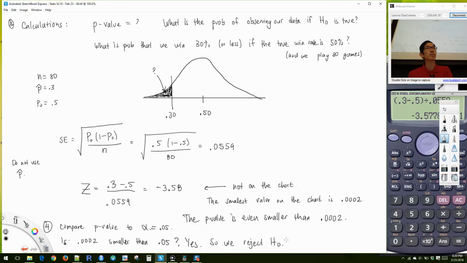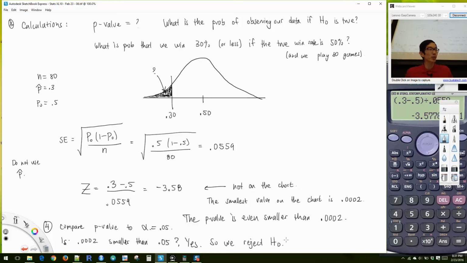You said alpha is always going to be 0.05? If the problem doesn't say what alpha or what significance level to use, then assume it's 0.05. Okay? But sometimes the problem will say use a significance level of 1% or 10% or something like that.